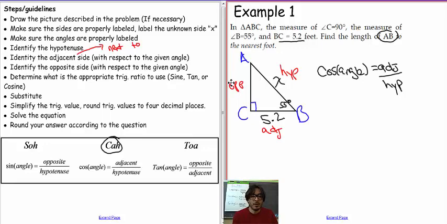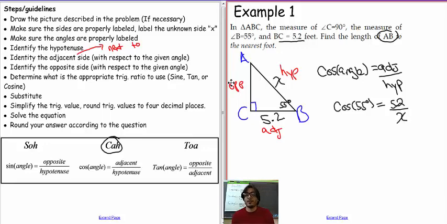So now I have to substitute. So it's going to be the cosine of the angle. That's the 55 degrees. That's the 55-degree angle. Equals the adjacent side, that's 5.2, over the hypotenuse, and that's our x.